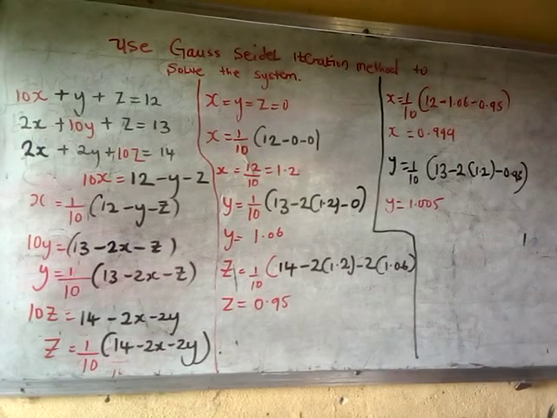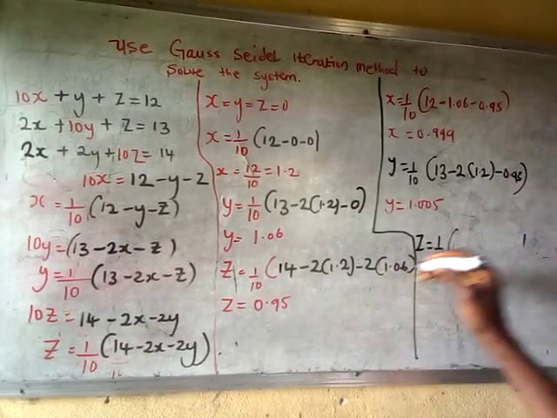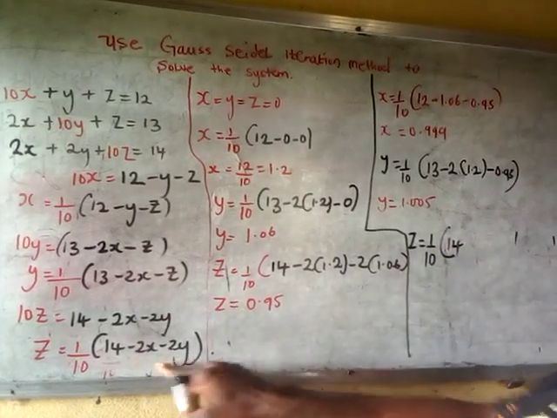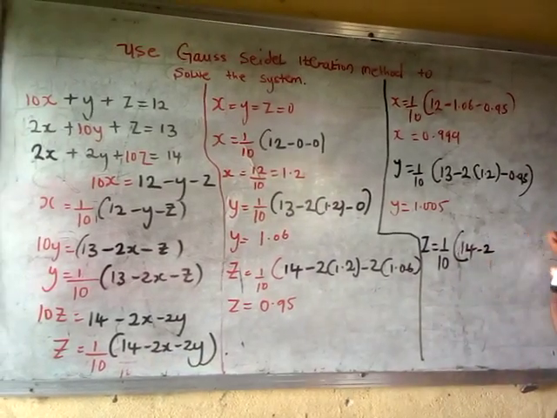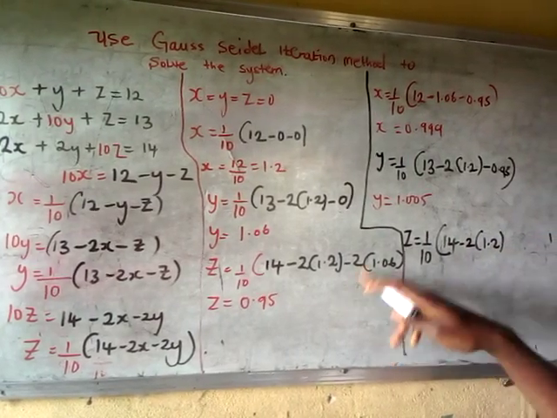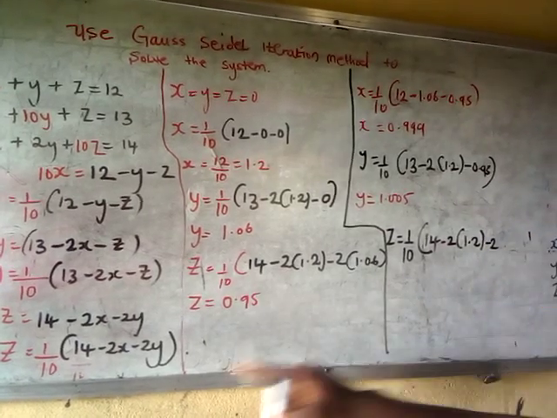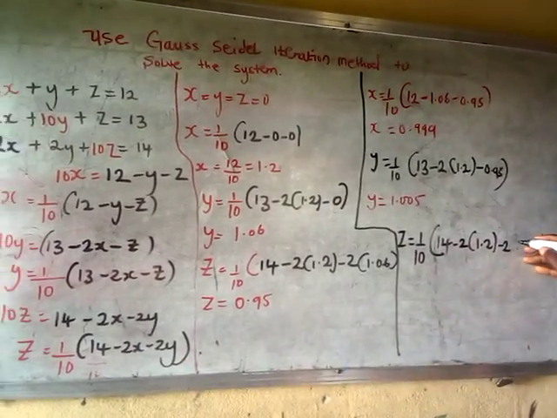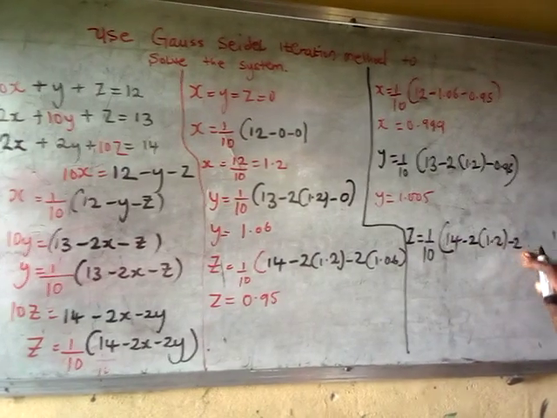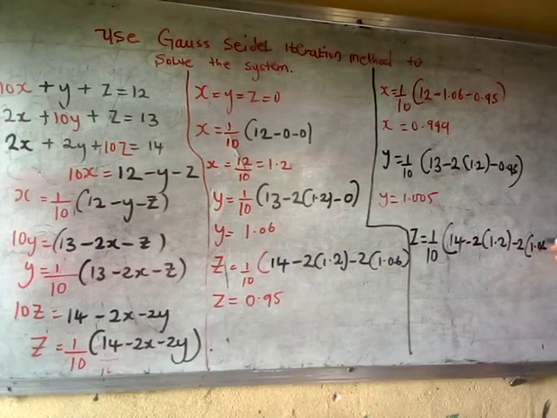Then let me go for z. Z is equal to 1 all over 10 into 14 minus 2x. My x was 1.2, my y is 1.06.